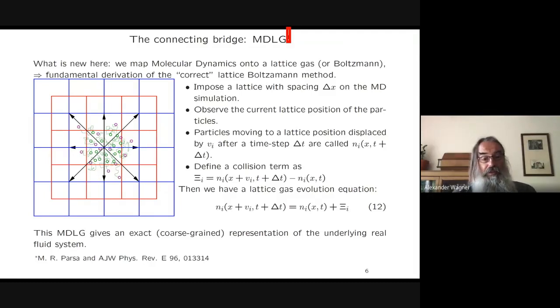So this now gives you a lattice gas that behaves exactly as the underlying MD simulation, the coarse-grained version of that underlying MD simulation. And the benefit of this is now you have a lattice gas that does exactly the right thing. And all you have to do now is to examine how this lattice gas behaves, and then you can see if you can find some simple rules for how psi has to look.